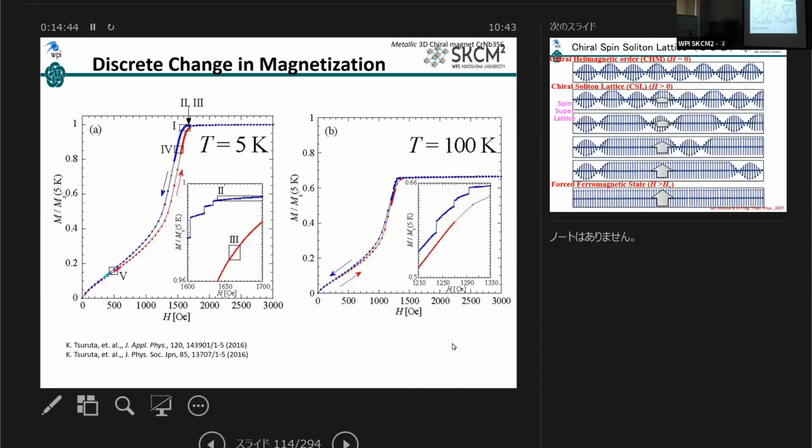Of course, we can measure by the magnetization also. This is the field dependence of magnetization. If we make a very detailed magnetic measurement, we can find the steps. This corresponds to the 1 soliton step.